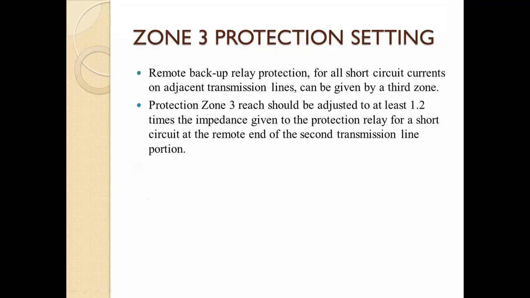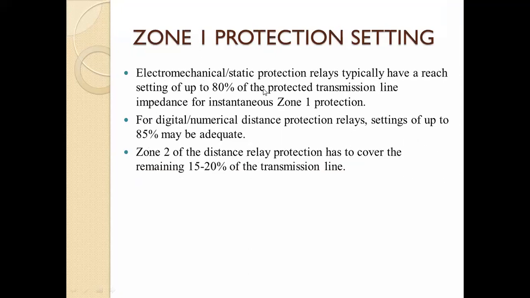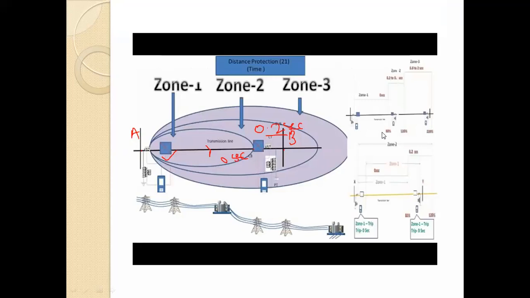Now the last one is the zone 3 protection. It is simply the backup protection. Remote backup relay protection for all short circuit currents on adjacent transmission lines can be given by this third zone.